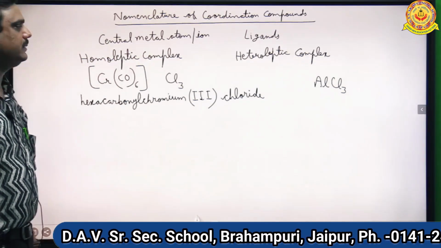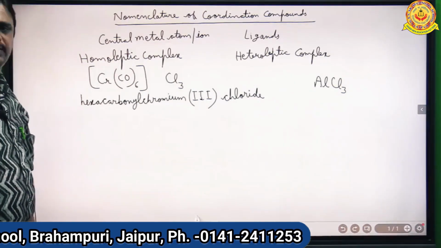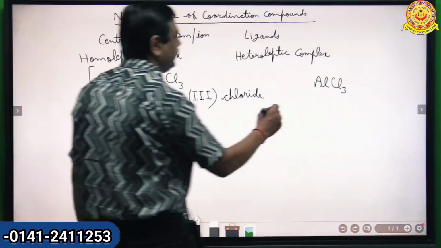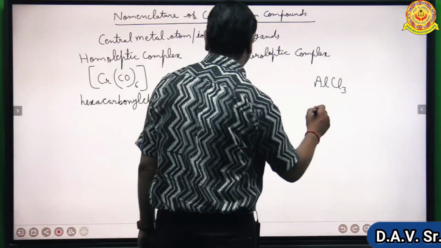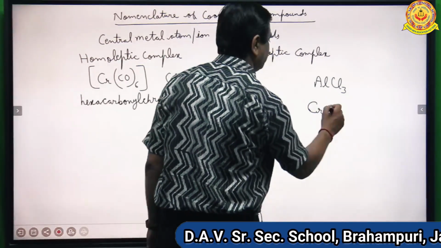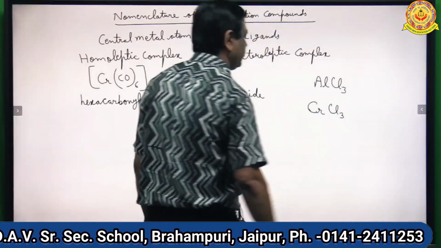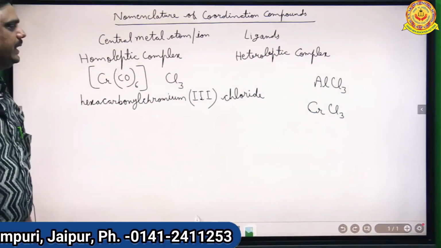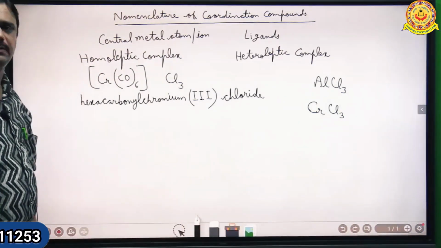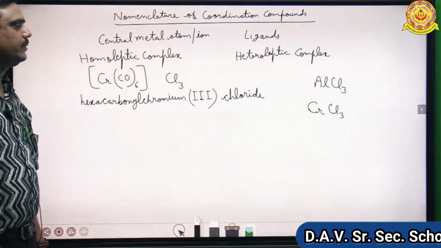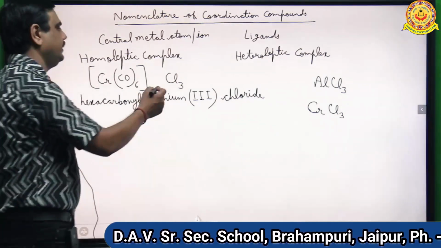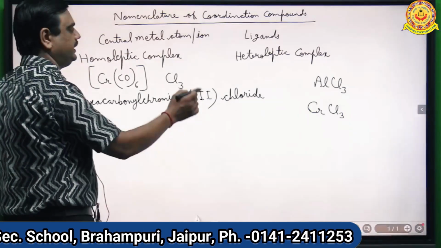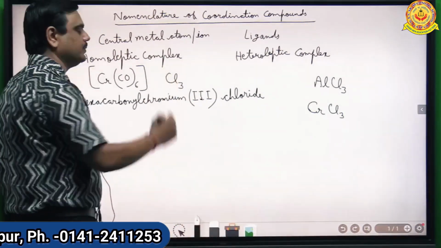What do you write? You write it aluminium chloride only. Similarly, for the name of this compound, you will write chromium chloride. You will not write trichloride. We do not indicate the number of counter ions.